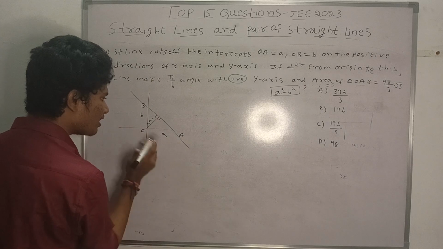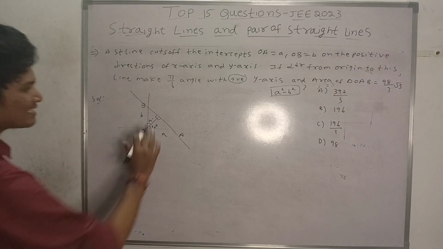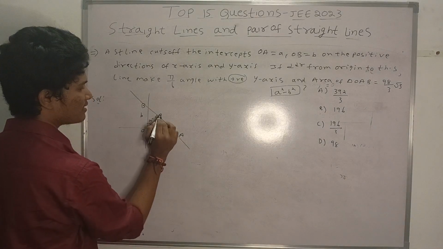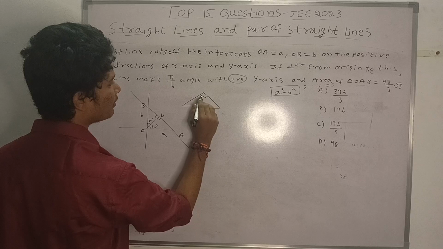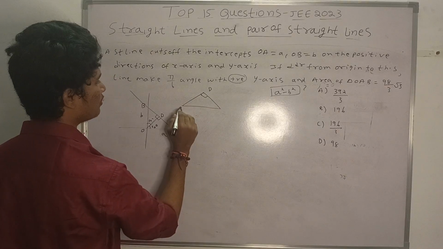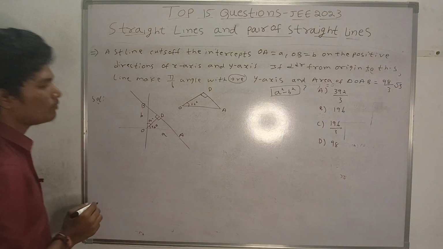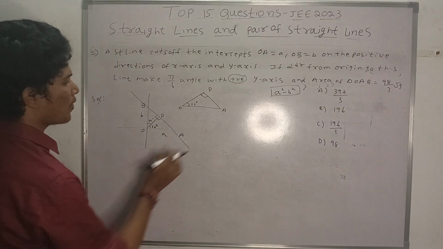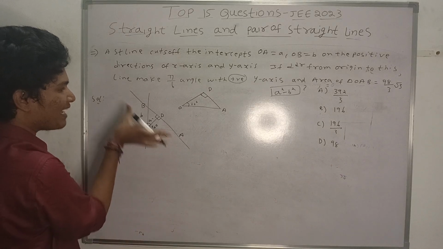So this is perpendicular. So what will be the angle of this? That is 60 degree. And this is a right angle. Suppose this is a point D. Simply I am redrawing this, O, and this is 60, and this is A. So basically I have to find the equation of AB.